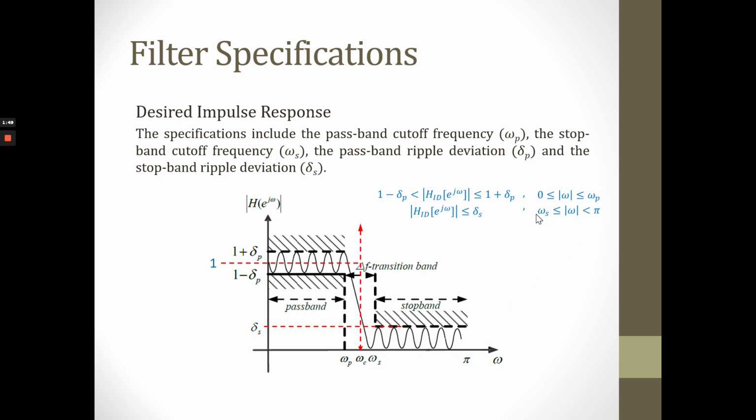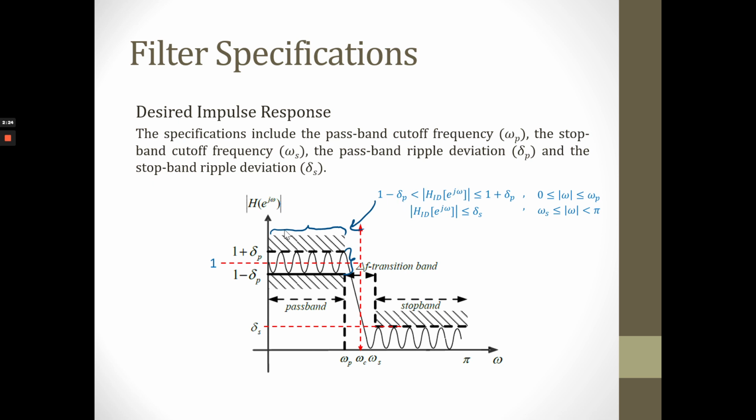For frequency in this range, larger than omega s and lower than pi, the magnitude of the ideal frequency impulse response is equal or lower than delta s. This one, equal or lower than delta s, where delta s is the stop band ripple deviation.